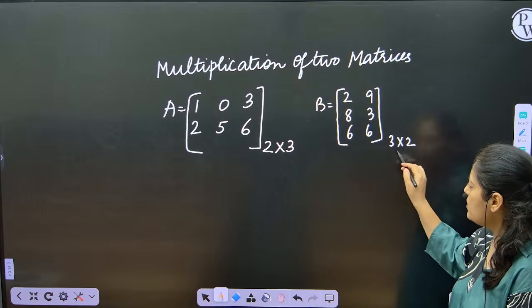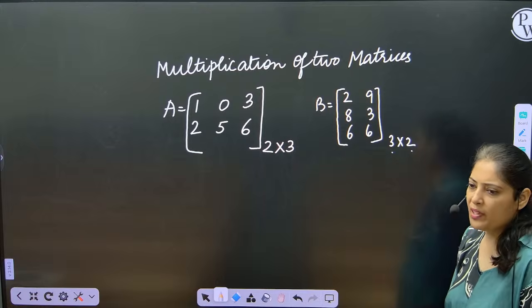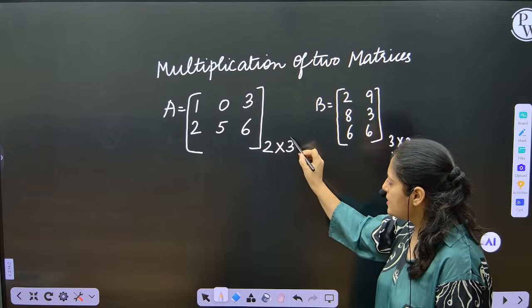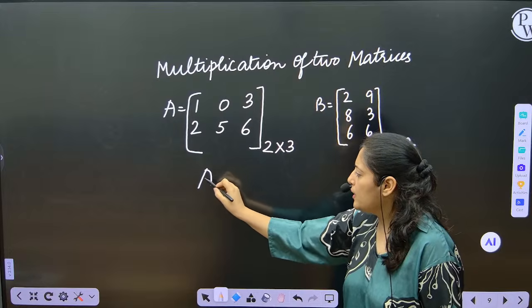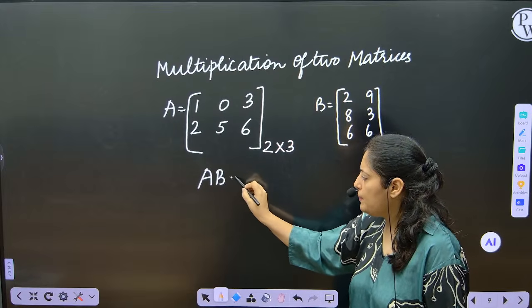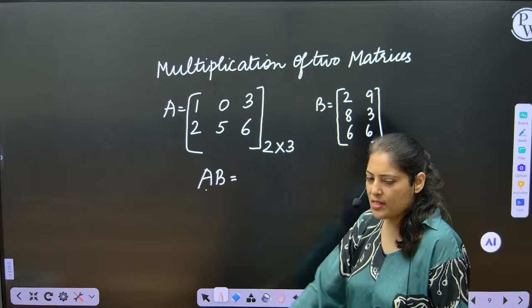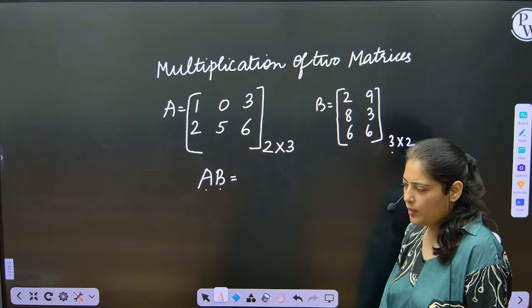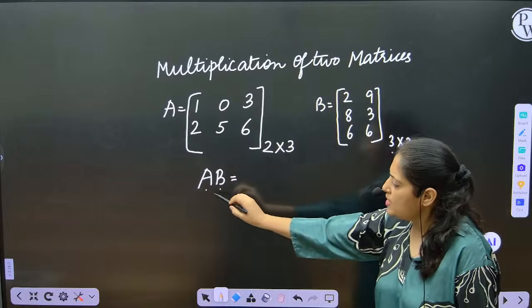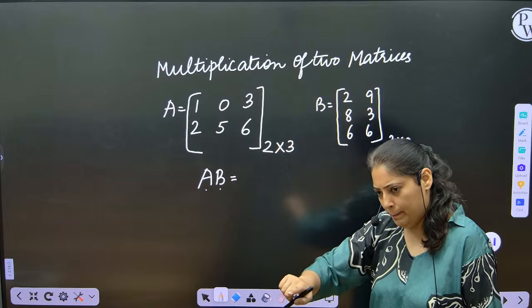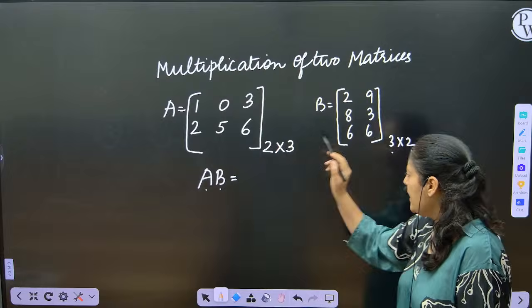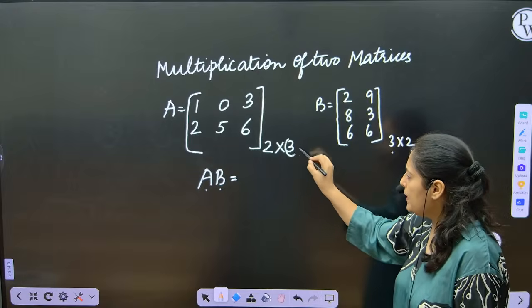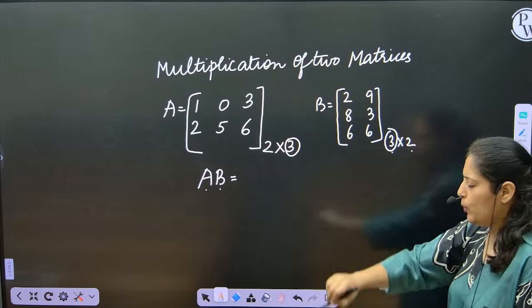Now the condition is, if I am doing AB, that means first matrix is A and second matrix is B, then the first matrix column and second matrix row should be equal.